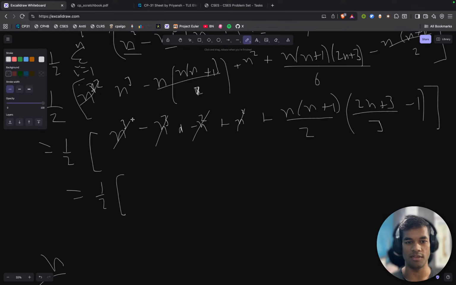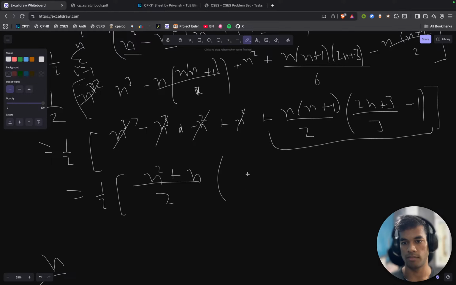Everything is 0 now except these two terms. n square plus n, whole thing by 2, into 2n plus 3 minus 3 by 3.